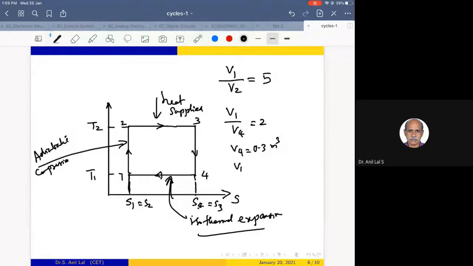V1 is equal to 2 into 0.3, so that is 0.6 meter cube. So V1 is 0.6, then V2 is 0.6 by 5. Like that, V1, V2, V4 we can write directly from the given data.